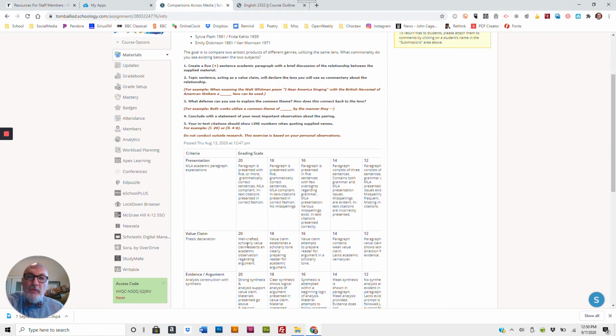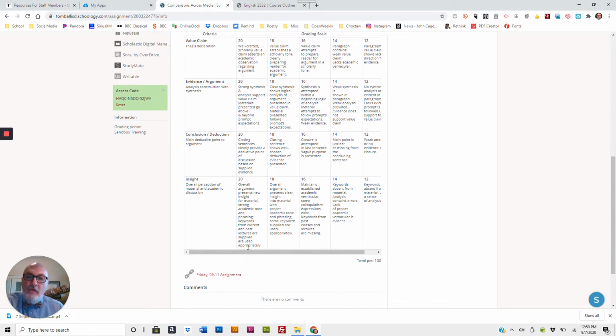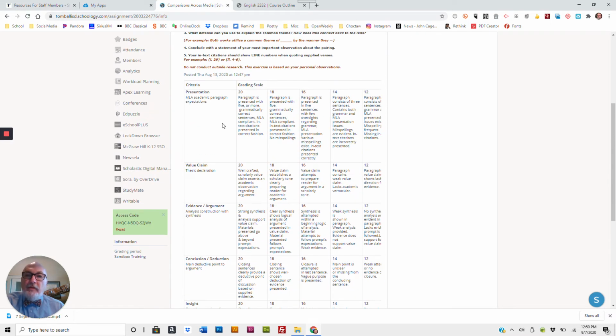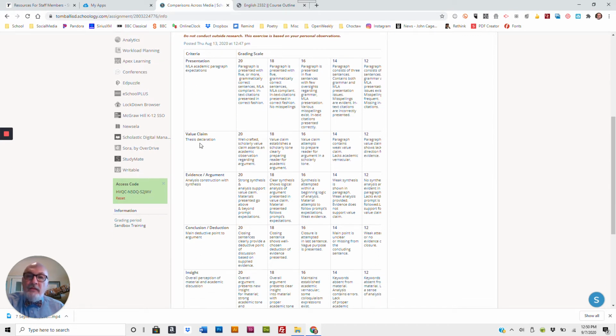A perfect paper will have 20 in all categories. We're dealing with that the presentation meets MLA expectations. The thesis declaration is a strong value claim. Your opinion is expressed. The evidence and the argument. You're constructing an analysis with synthesis of your evidence and of your main argument.